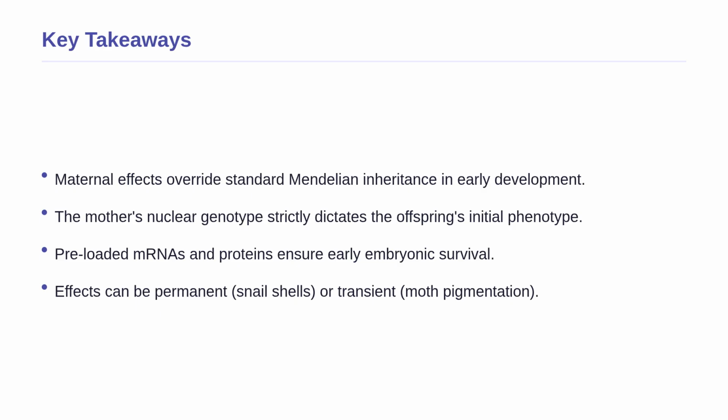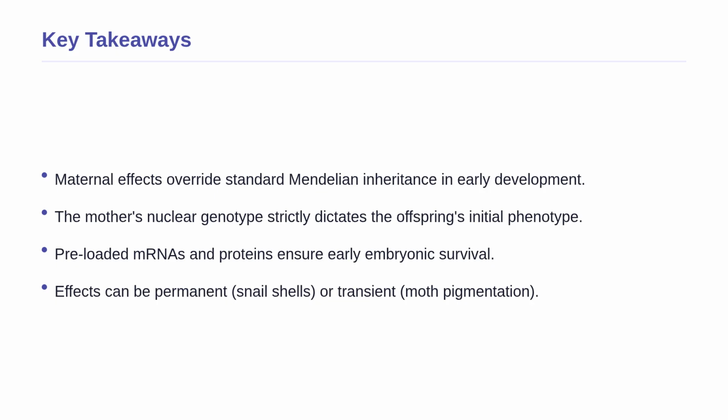We have reached the end of our journey into maternal effects. Let us review the key takeaways. First, maternal effects represent a fascinating departure from standard Mendelian inheritance, proving that a mother's nuclear genotype completely dictates the initial phenotype of the zygote.